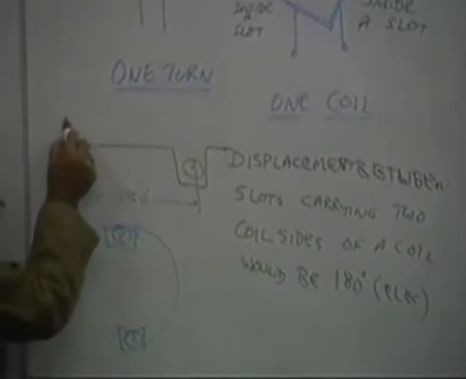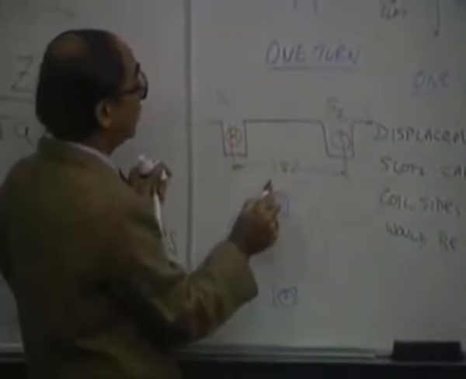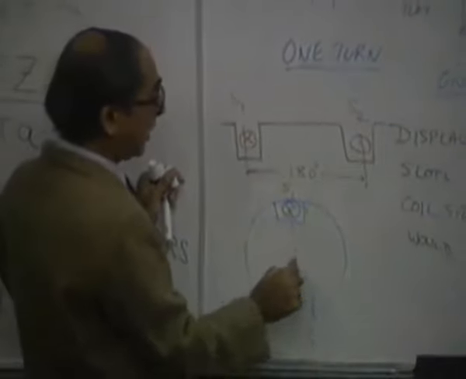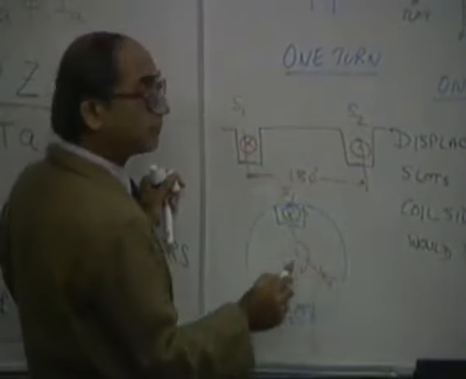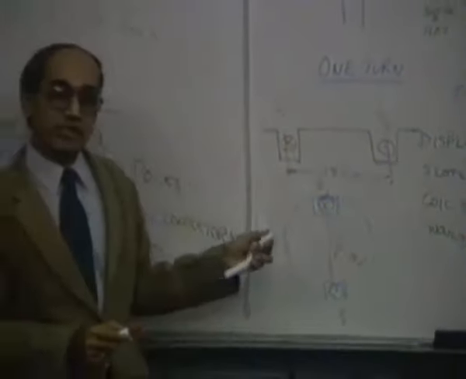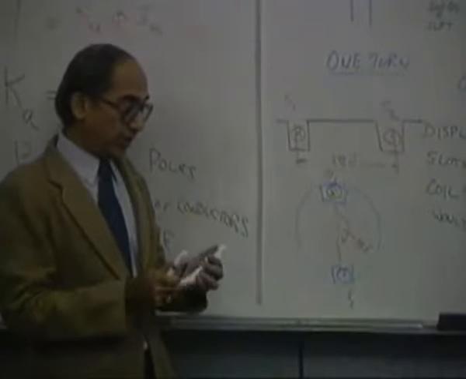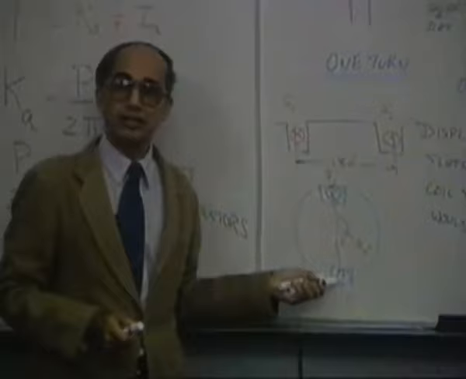Let us say these are the slots S1 and S2. We can clearly see that the angle between the two is 180 degrees. So, this will be a coil. This is how a coil is formed, and it is easy to understand that in any machine you are not using just one coil.